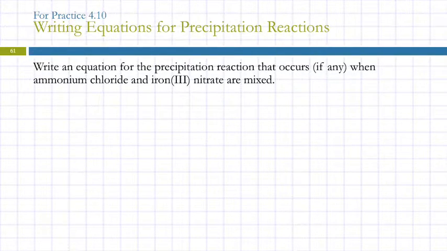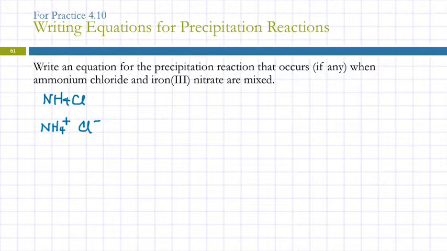So ammonium chloride, 2 ions. I need the formula for the ammonium ion, NH4+. And I need the formula for chloride, Cl-. And then I figure out how to put those together by looking at the charges. +1, -1. I just need one of each.